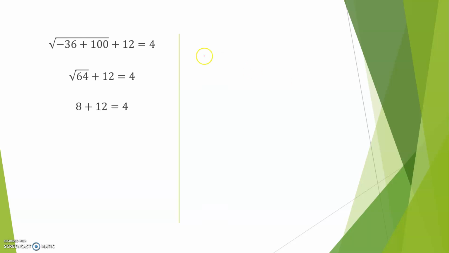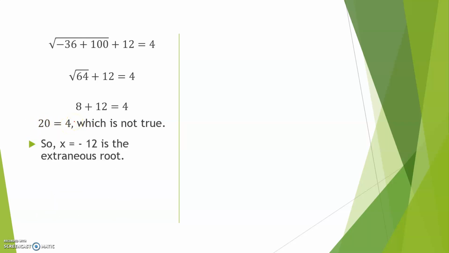The square root of 64 is 8, so 8 plus 12 is equal to 4. Simplifying, 8 plus 12 is equal to 20 is equal to 4. As you can see, the left hand side is not equal to right hand side, so this is not true. So x is equal to minus 12 is the extraneous root.